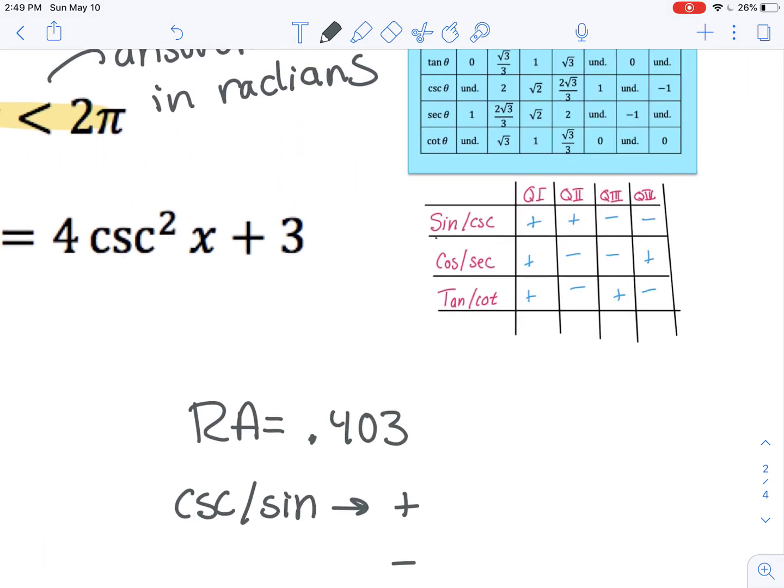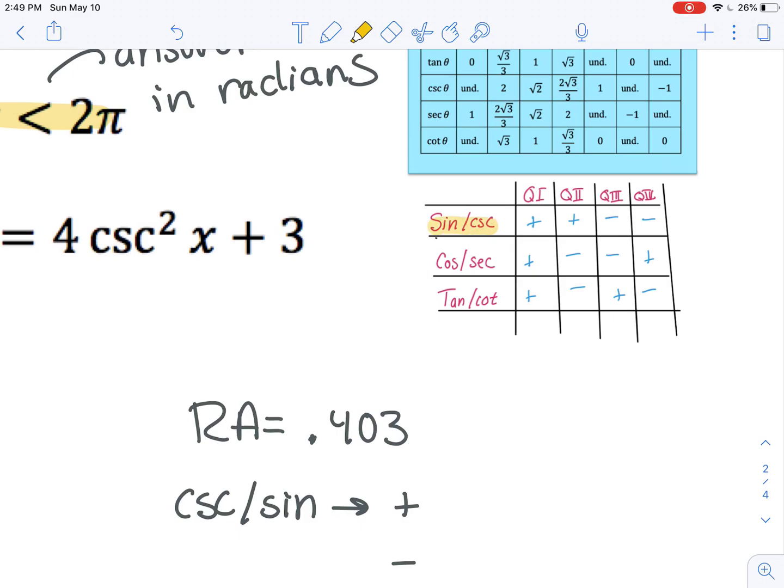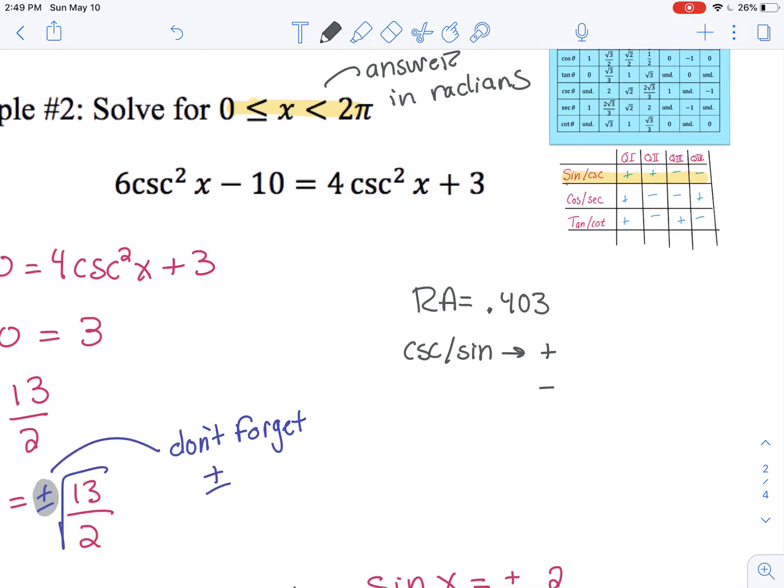So cosecant is positive in quadrant 1 and 2, and it's negative in quadrant 3 and 4. So we're positive in quadrant 1 and quadrant 2, and negative in quadrant 3 and quadrant 4.